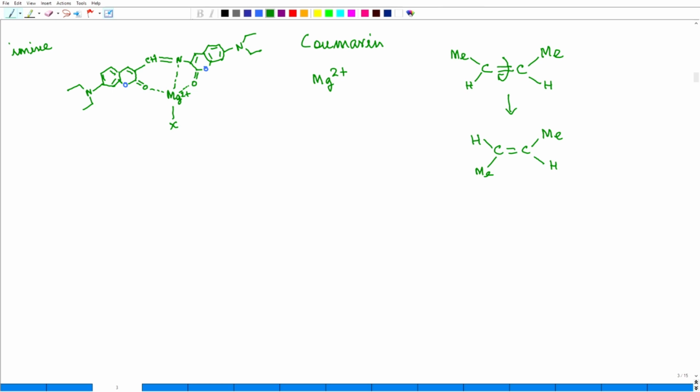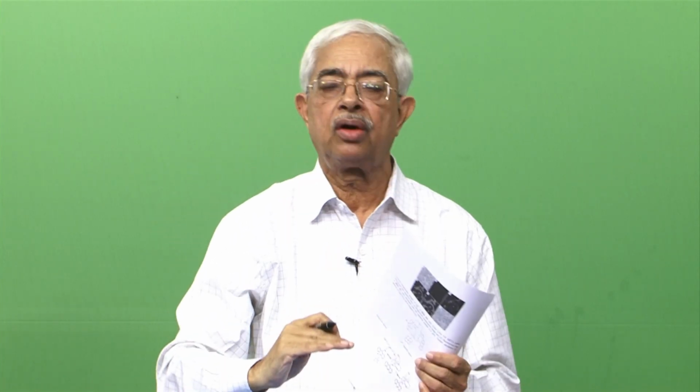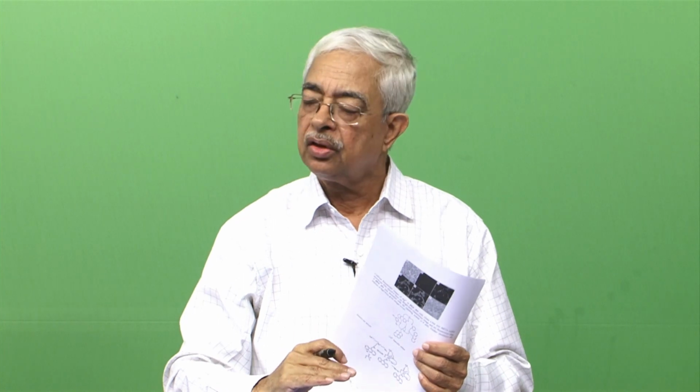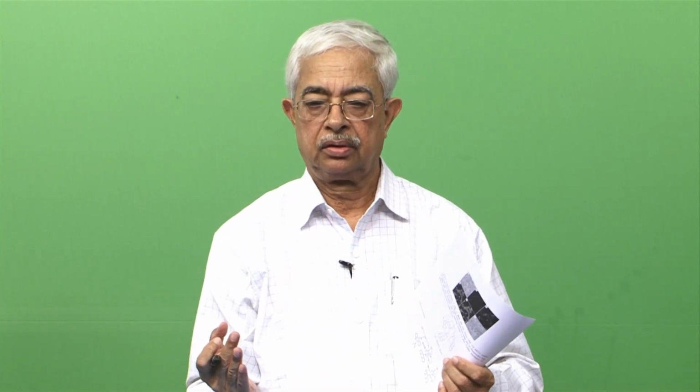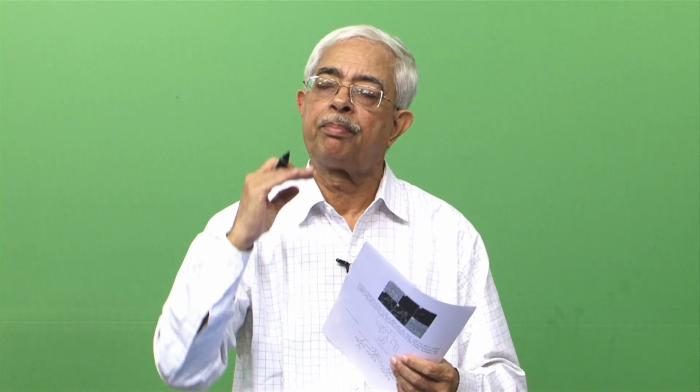So, there are different types of mechanism. Your first idea is, if I excite, is there any pathway by which it can deactivate? That is the question you will ask. If there is any pathway by which this excited molecule will come down to the ground state, then you will get no fluorescence. So, I have to stop that pathway.